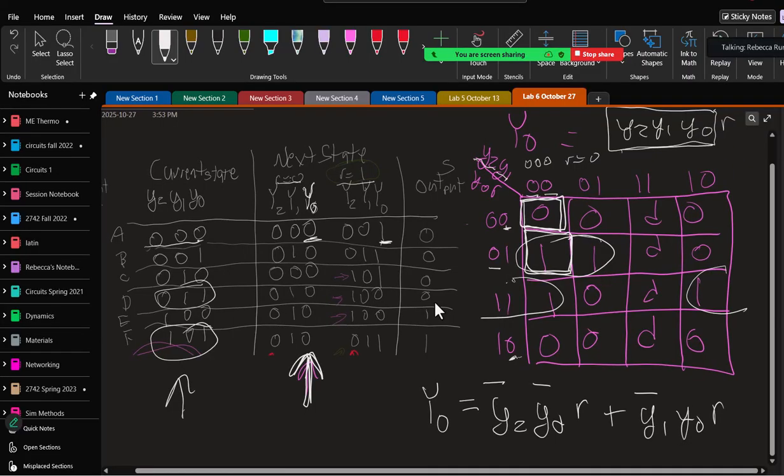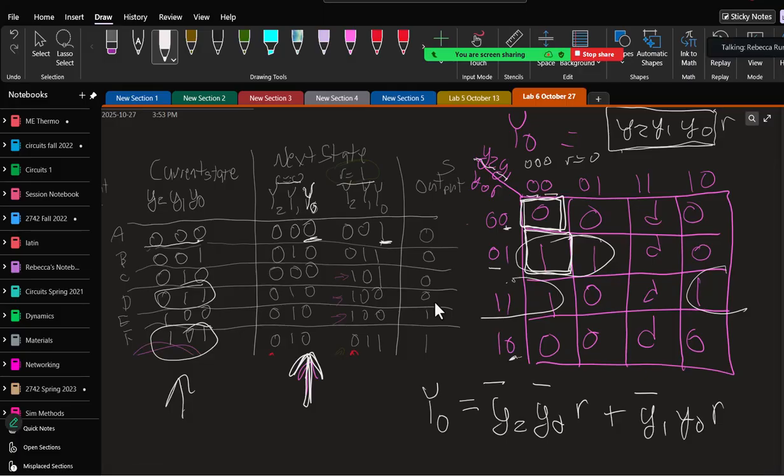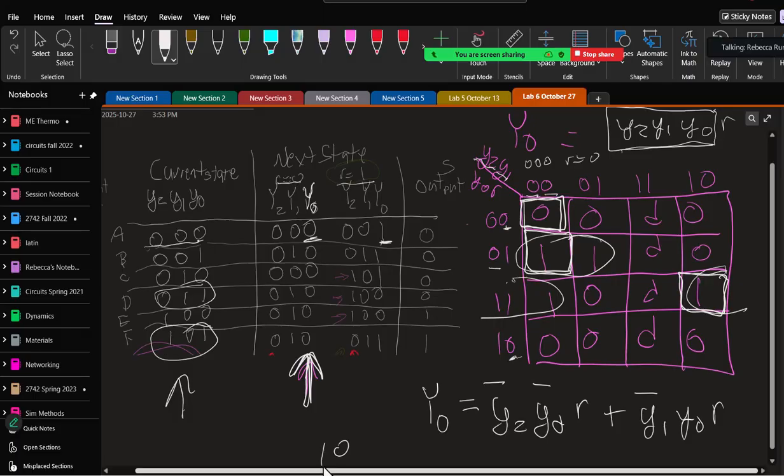So for any part in this K-map, like this box right here, that box is 1, 0 on top and 1, 1 on the side. That's y2, y1, y0, and r. So it means y2, y1, y0 is 1, 0, 1. 1, 0, 1 is F. And r is 1.